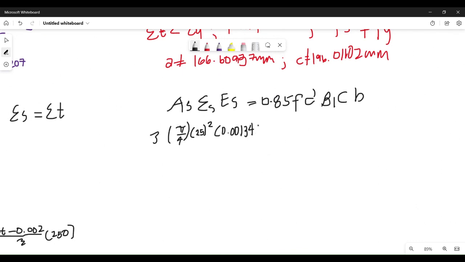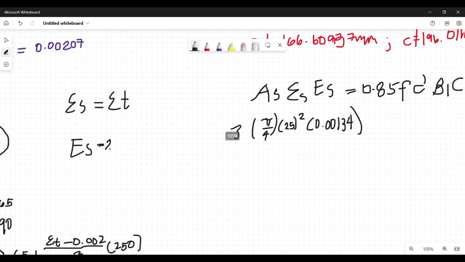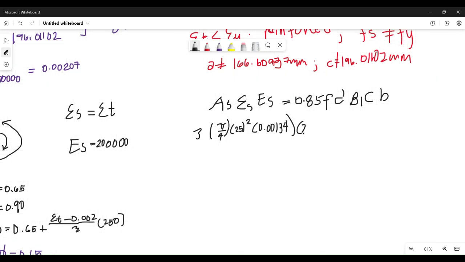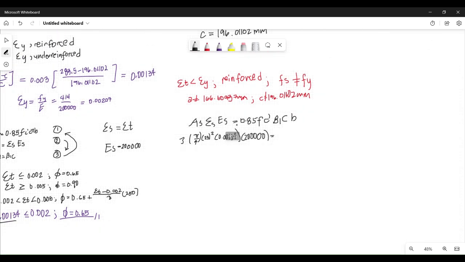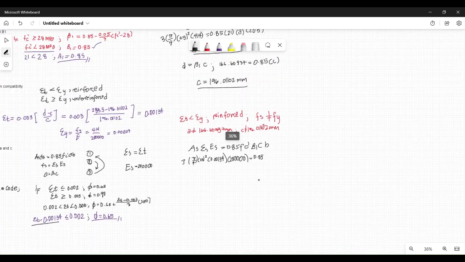0.00134 times the modulus of elasticity, ES, is equal to 200,000. Times 0.85 FC prime. What is our FC prime here?